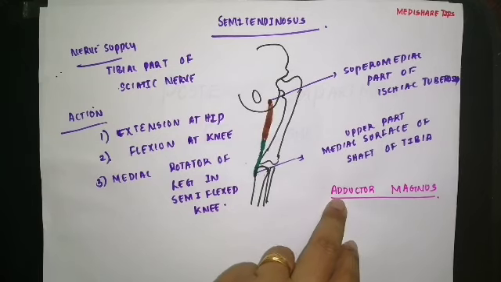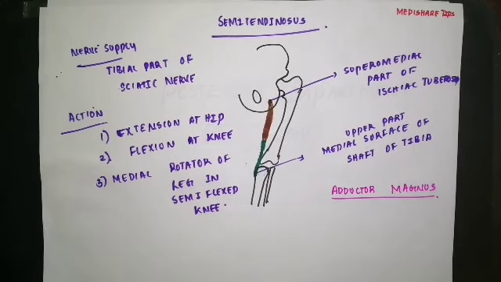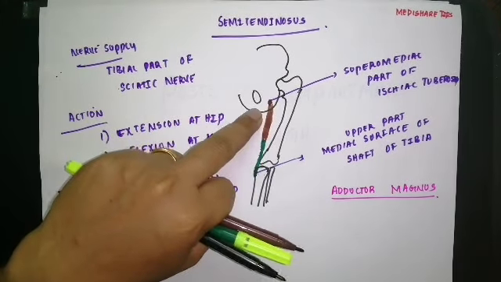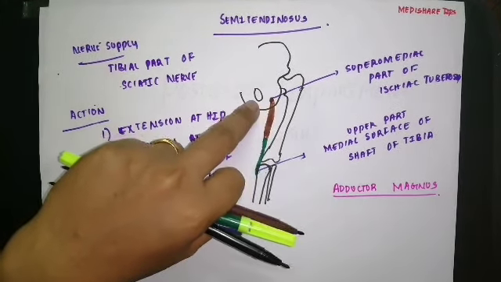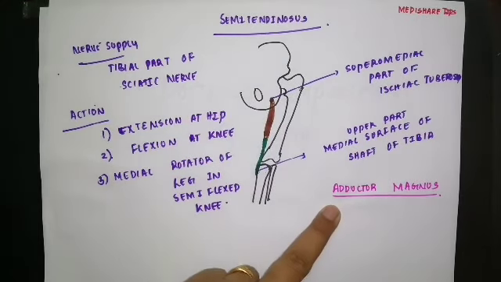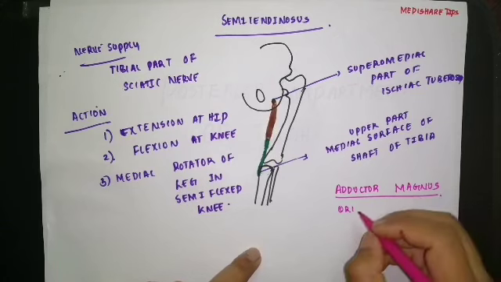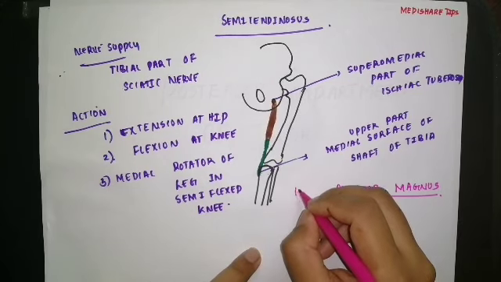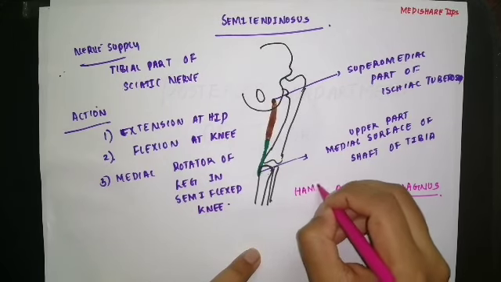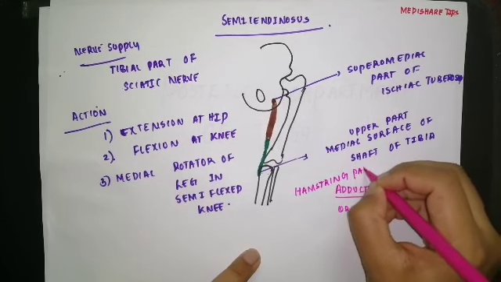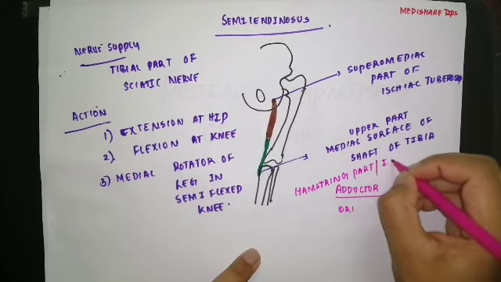This ischial part is also known as the hamstring part because it takes its origin from the infralateral part of the ischial tuberosity. Hamstring part or ischial part of adductor magnus.